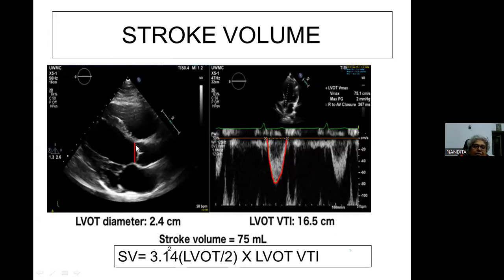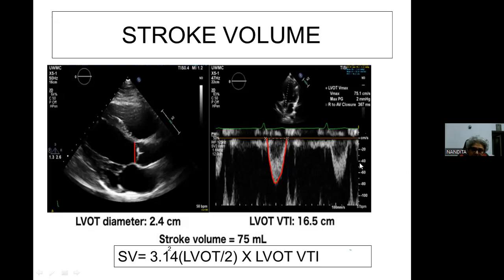We measure the LV outflow tract diameter from the trailing edge to the leading edge, say 2.4 centimeters. Next, we need the velocity time interval of the blood flowing through the LV outflow tract. So we choose the apical 5-chamber, open out the LV outflow tract at its widest, place the gate of the pulse wave Doppler at that point, and record the Doppler tracing.